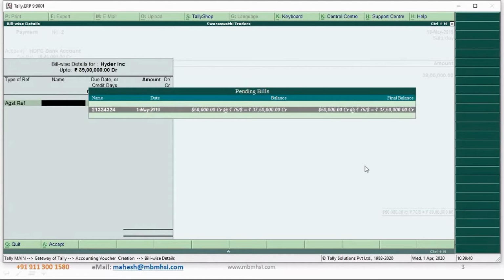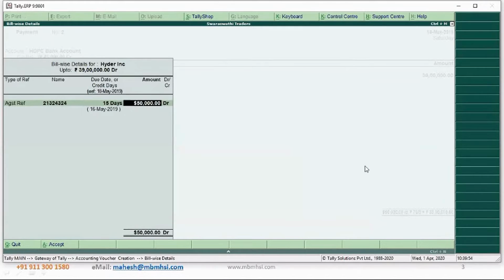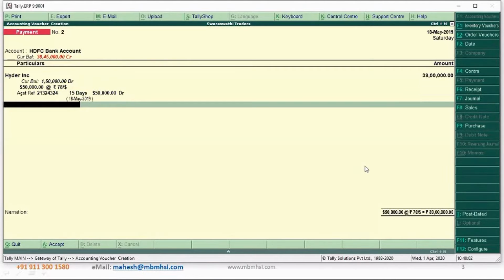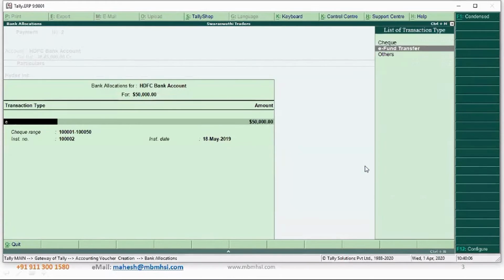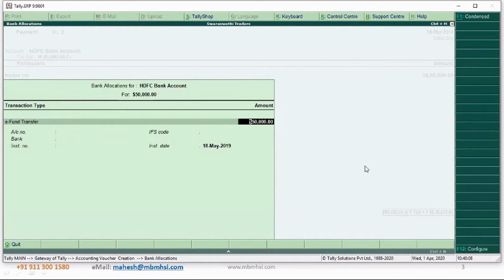It is showing me the invoice number, on which date I had purchased, at what rate I had purchased, what the exchange rate was, and how much money is due against this bill. While 37,50,000 is due, we are completely paying $50,000, but we are paying him 39 lakhs. 1,50,000 extra is paid because of exchange variation.